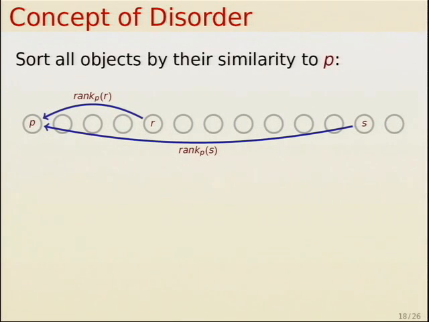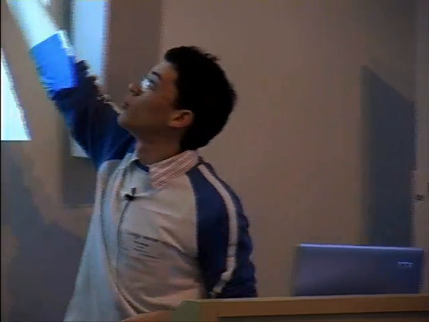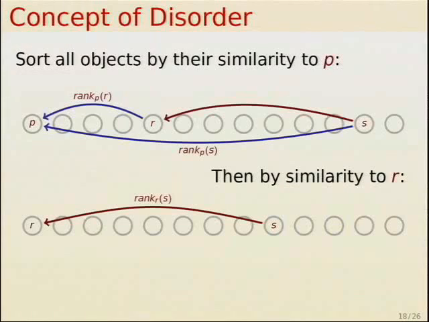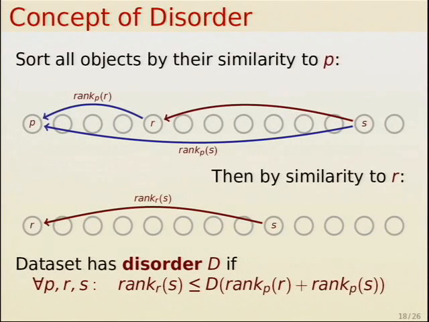And what I would like to have is a triangle inequality for ranks, not for the similarity function itself. For the separation effect, the similarity values do not have such a big value, but a triangle inequality for ranks is very, very powerful. So I would like to bound the third rank. To compute the third rank, I need to re-sort everything with respect to R and compute the position of S. And what I would like to have is the following, which I call the disorder inequality.